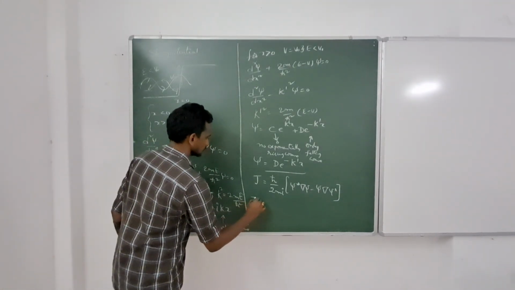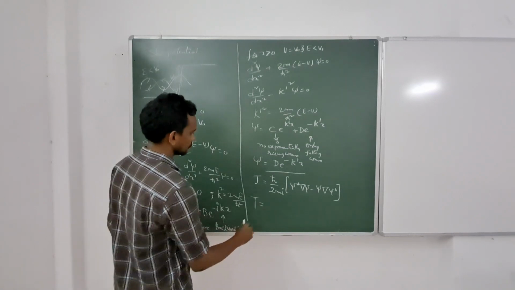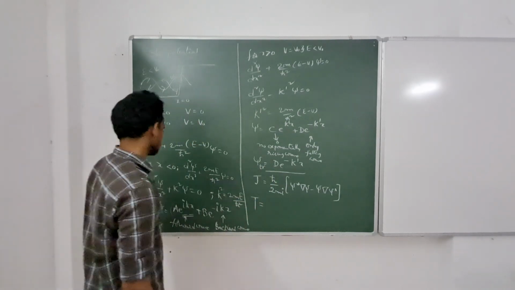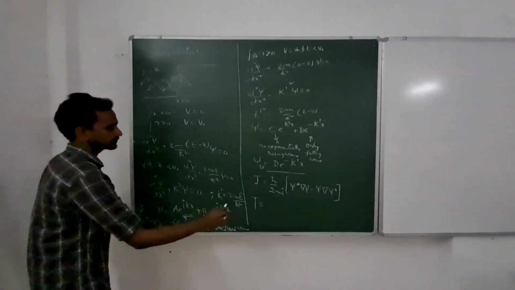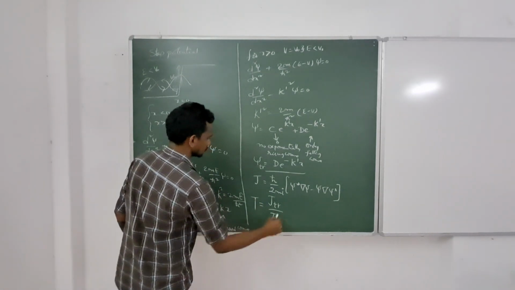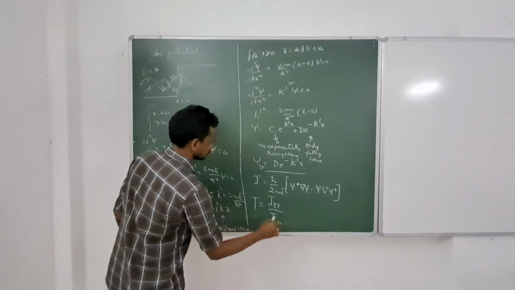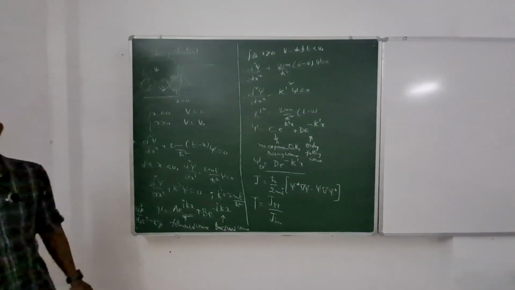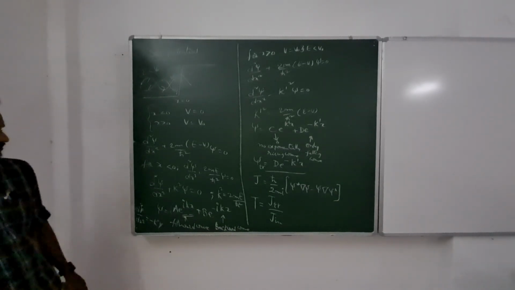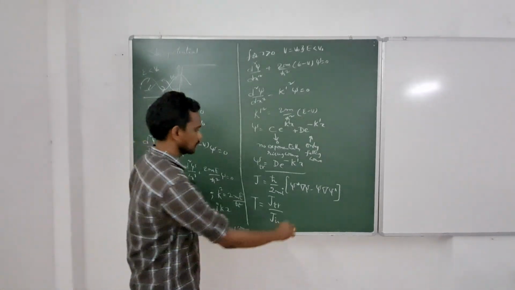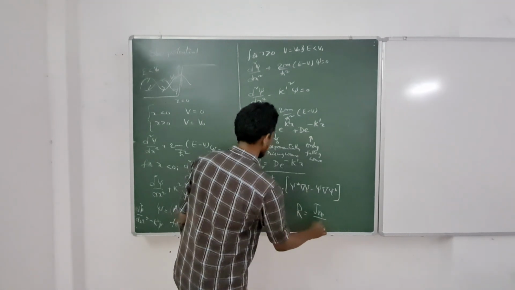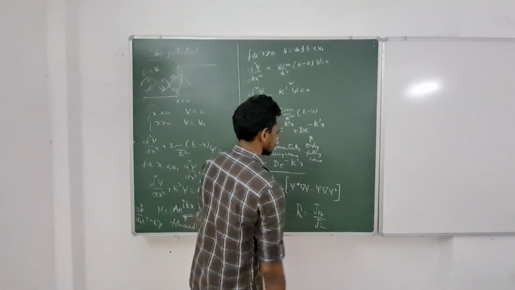So transmission coefficient is transmitted wave. So I should call it as J transmitted by J incident. And the reflection coefficient as J reflected by J incident.